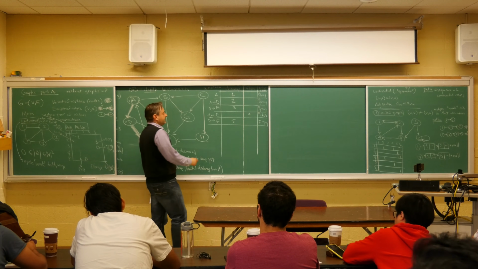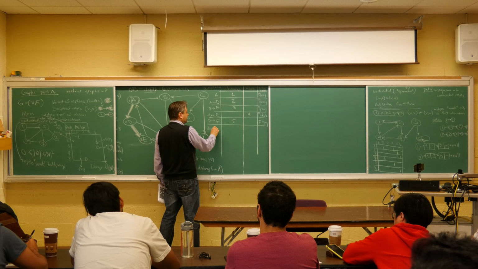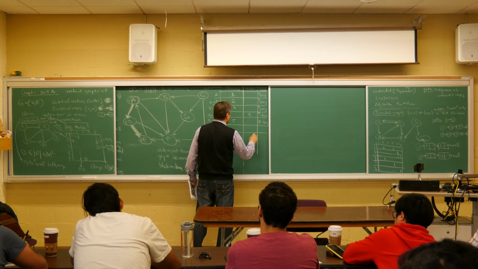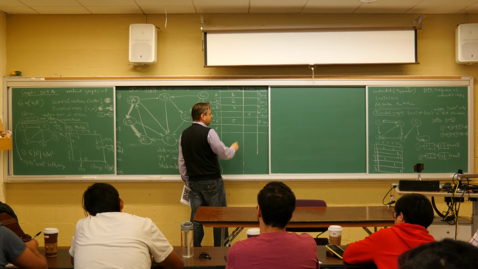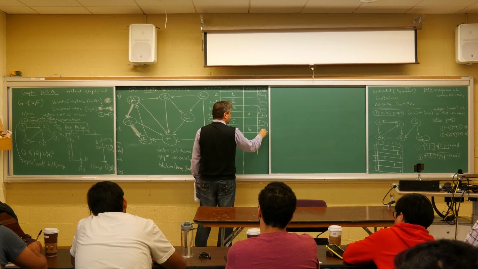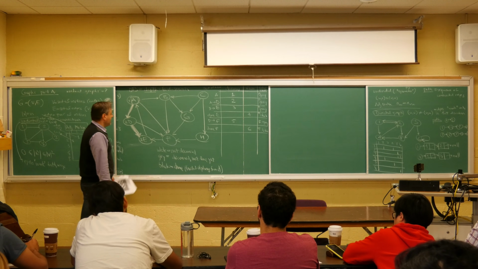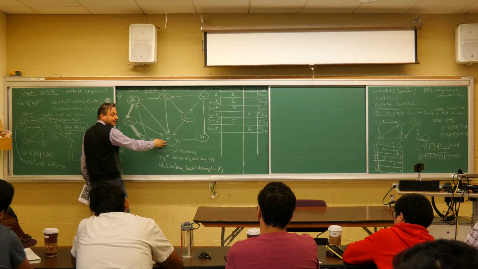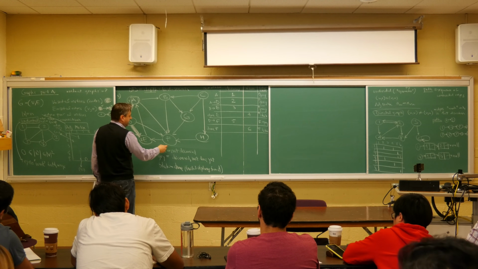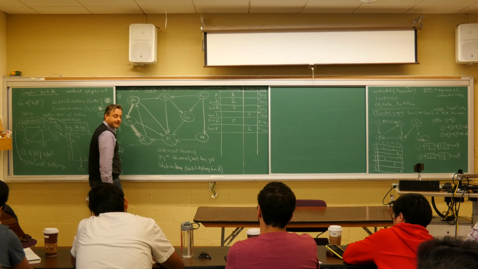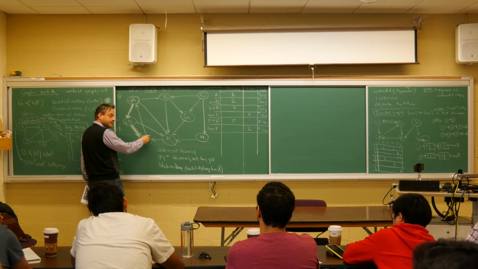Then I note that there's no other edge from F, so I'm done with F. So the finishing time of F is 6. Now I'm done with F, so this is black now, right? I can put a big cross over them. It's done. This one is done.